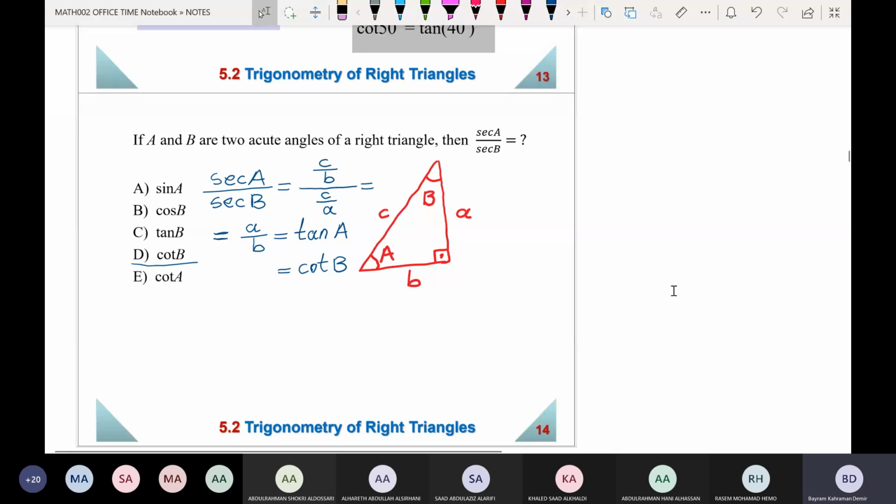So if A and B are two acute angles of a right triangle, then what is secant A divided by secant B? Okay, we have the right triangle. I draw a big triangle for you here.